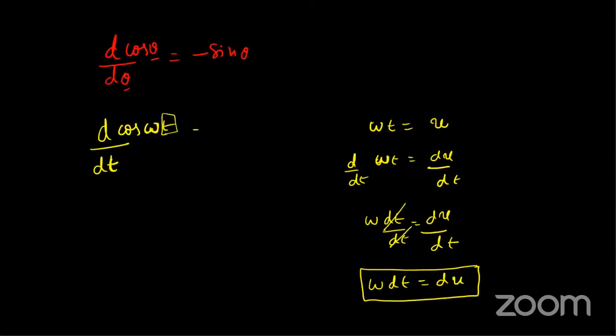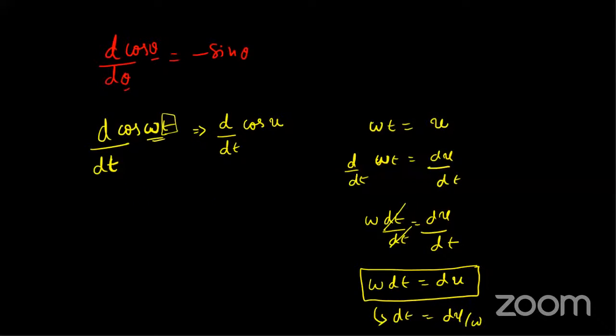Next, let me substitute here. What is d by dt of cos omega t? Cos omega t is cos u, and dt can be substituted as du by omega.